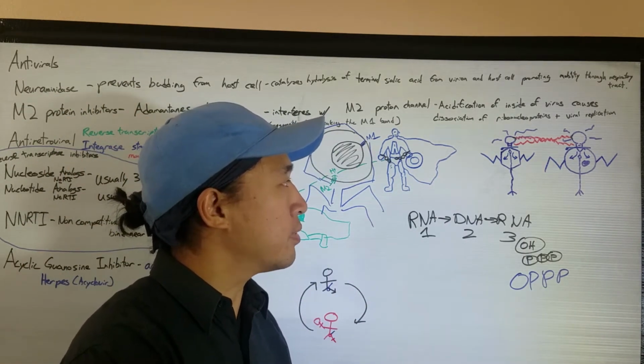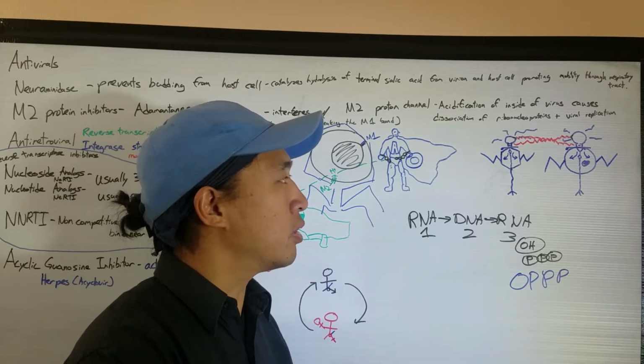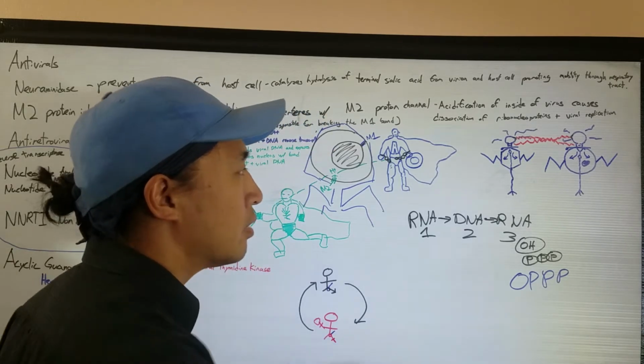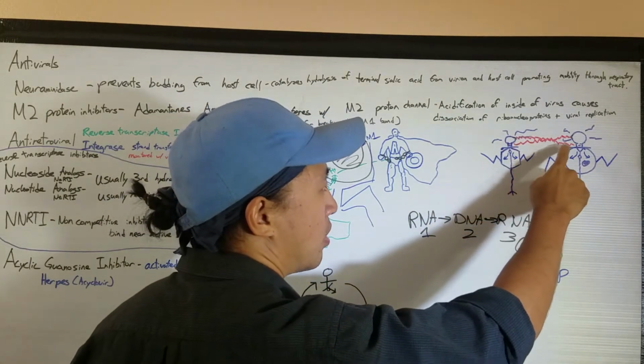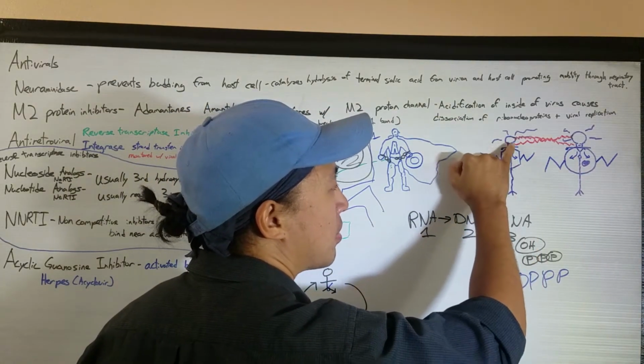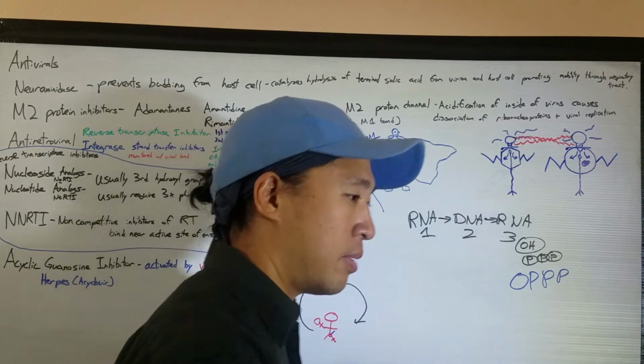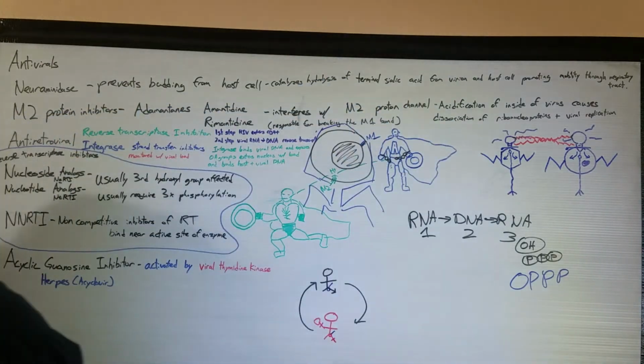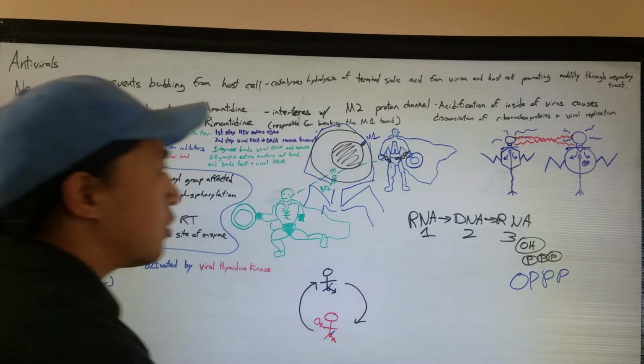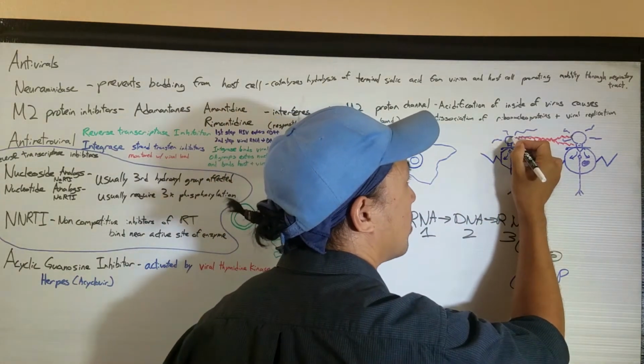Another thing that neuraminidase does, look at these little red lines. They're zapping each other, and on the top, it may be hard to see, but let me draw it in right now. There's actually a bump going on here.